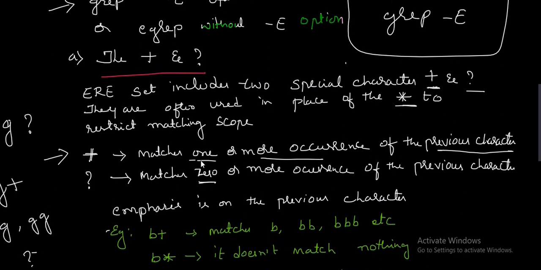The difference is that in the plus case, that character should exist at least one time. When you use question mark, even if it has not occurred at all, it is going to be considered. Is it clear? Just note down these two things. We'll take some examples.